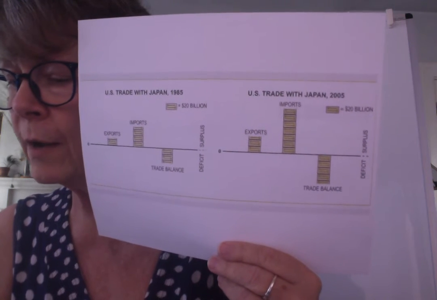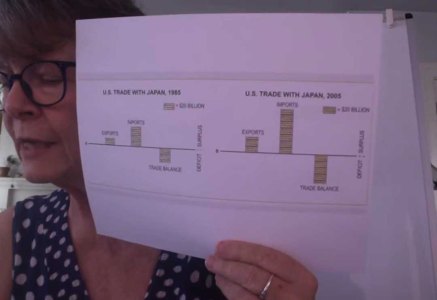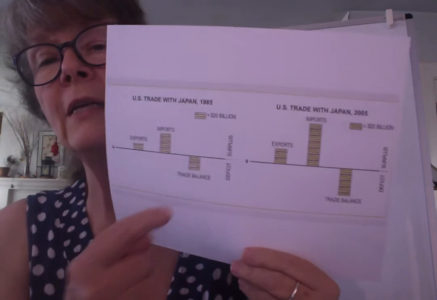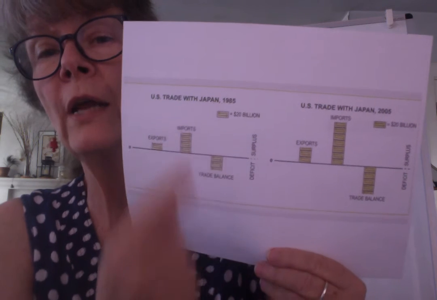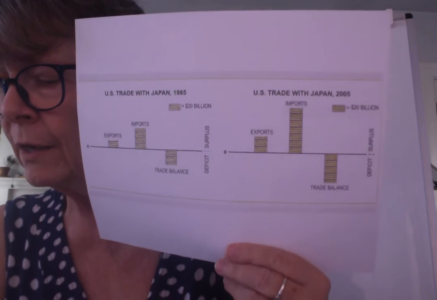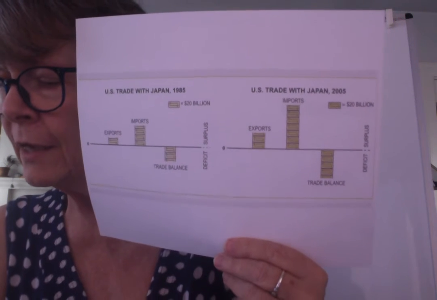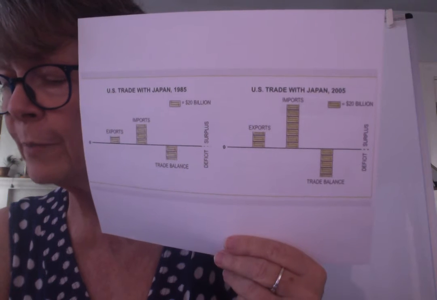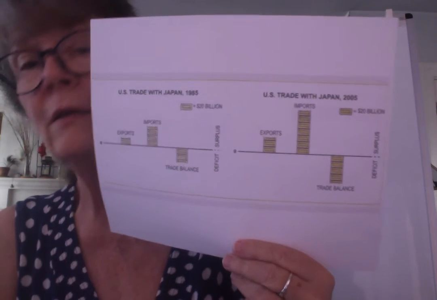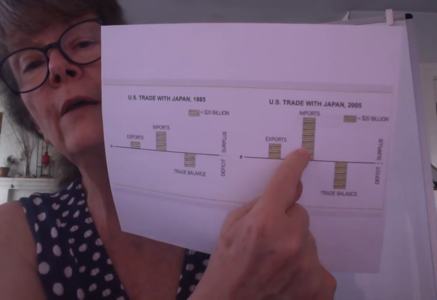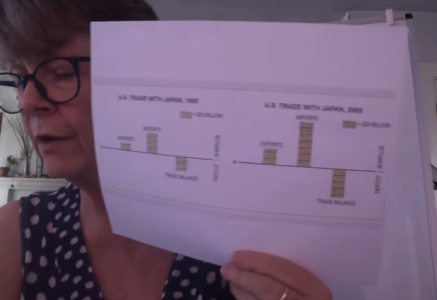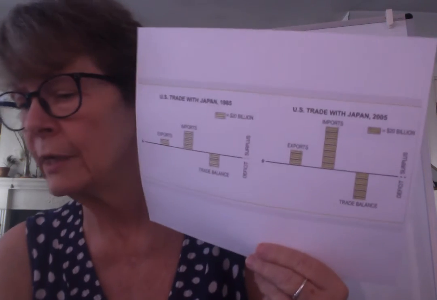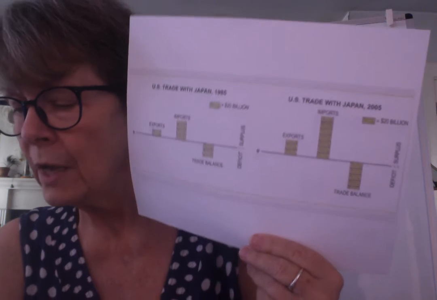And the U.S. imported about 40 billion in 1985? We'd have to count this. No, it's not 40. It's more like 60 or 70. And the value of U.S. imports from Japan changed only slightly? No, look, the imports went up quite a bit between here and there. So the only reasonable answer is C.